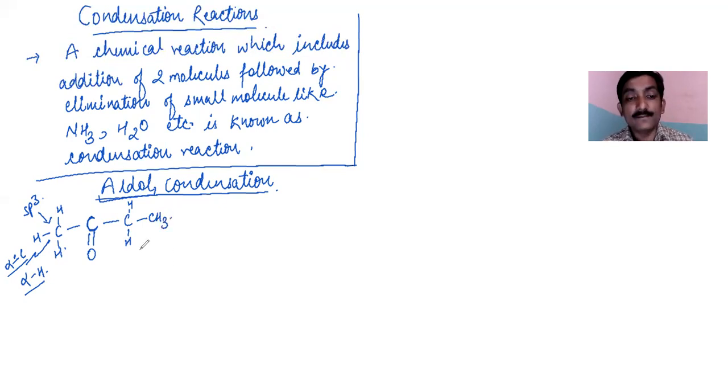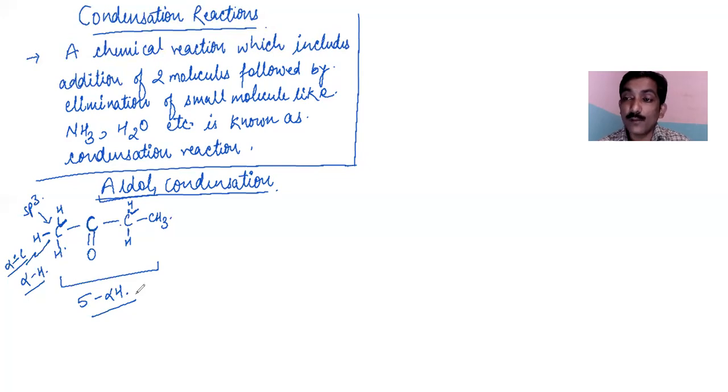For example, here I have taken a molecule CH3COCH2CH3. Here, this carbon and these two carbons are directly bonded to the carbonyl carbon. So the hydrogens of these carbons are known as alpha hydrogen. This molecule has 5 alpha hydrogens, 3 bonded to this carbon and 2 to this.